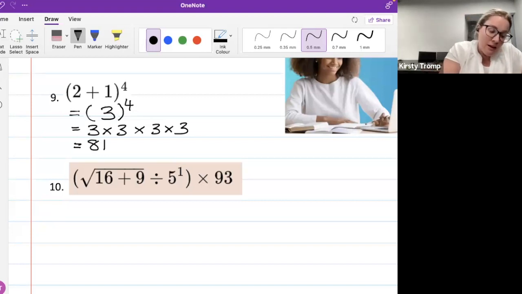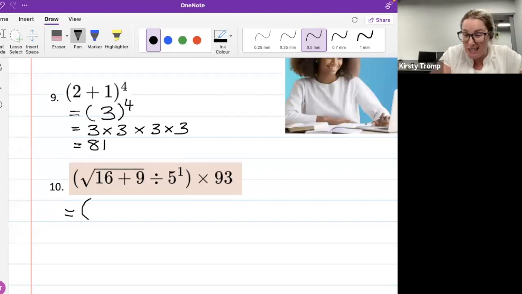So if I'm looking at number 10, BODMAS tells me I must do my brackets first. So in my brackets, what's the first thing that I see? I see a square root sign. And remember, just now, I told you, anything that's underneath the square root sign, I need to pretend it's in brackets as well.